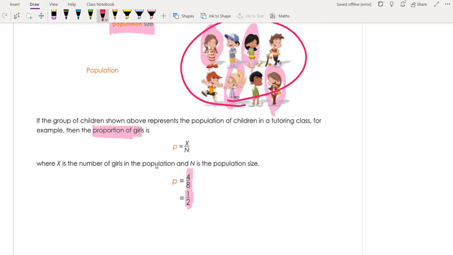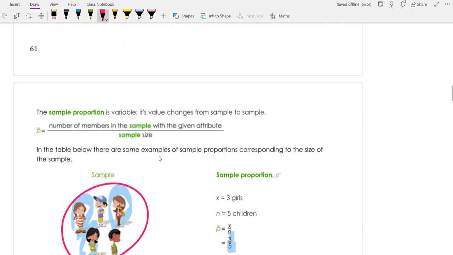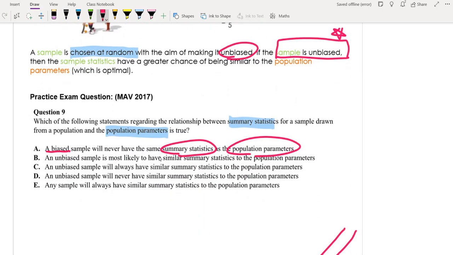You can't really have a perfectly unbiased sample, but ideally that's what we want. So the word never will almost always be untrue. We can have the same if we have an unbiased sample, so this will be false. It's not never, it's almost never. It's very unlikely, but it's not never.